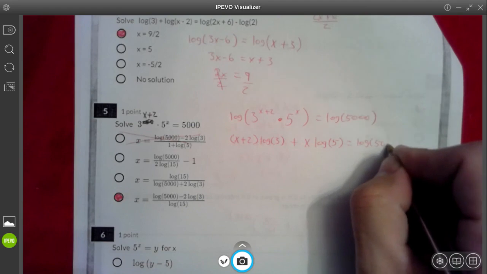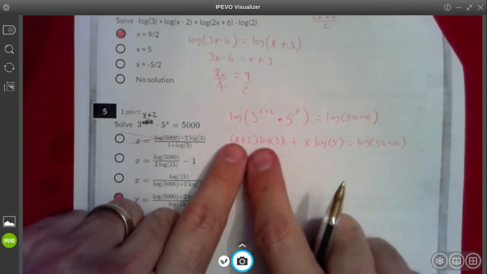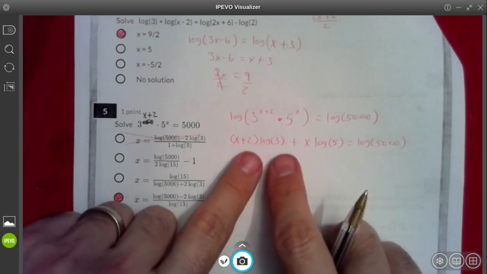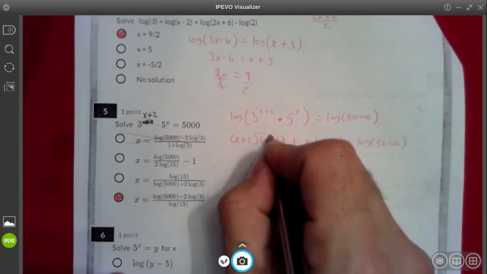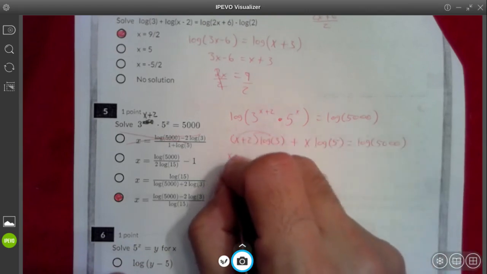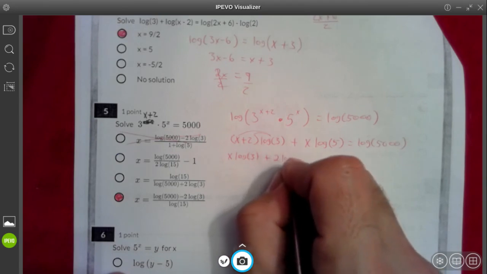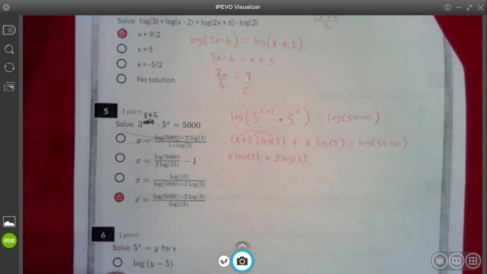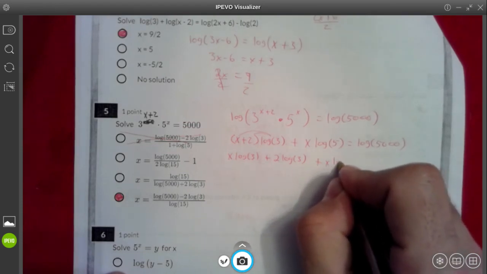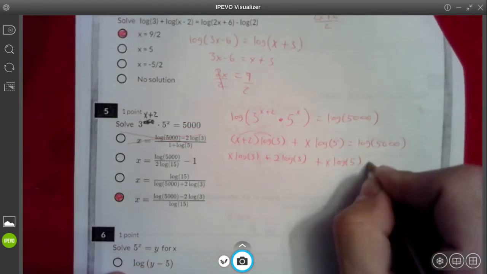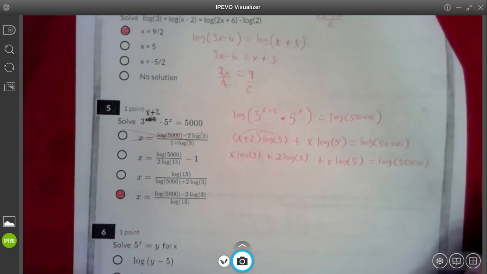So the way you want to solve these when you've got two x's is you want to distribute over here. Eventually you want to move anything that's not an x to the other side. So I'm going to have to distribute here. That'll give us x log 3 plus 2 log 3. When we multiply those out, plus x log 5 equals log 5,000.